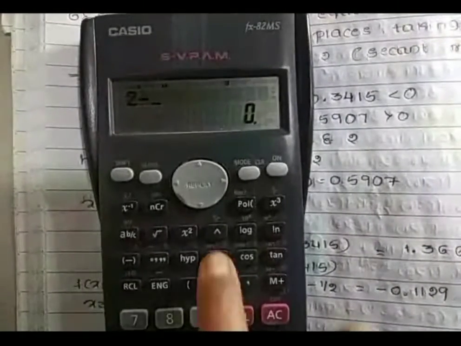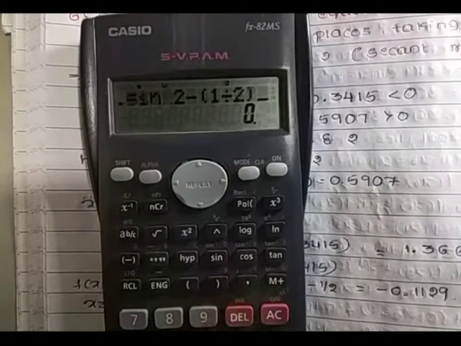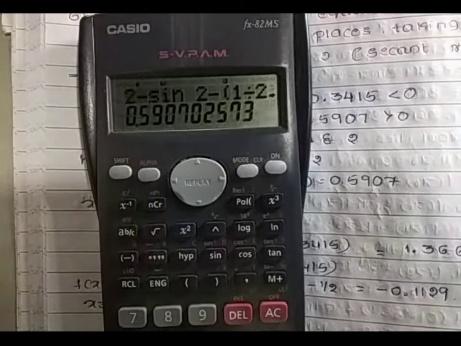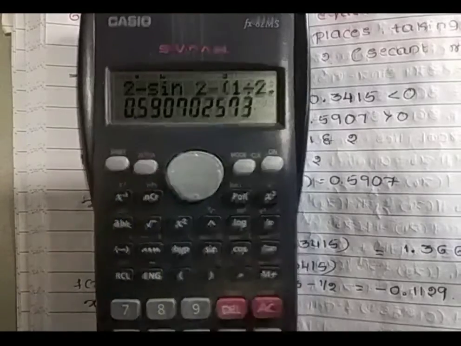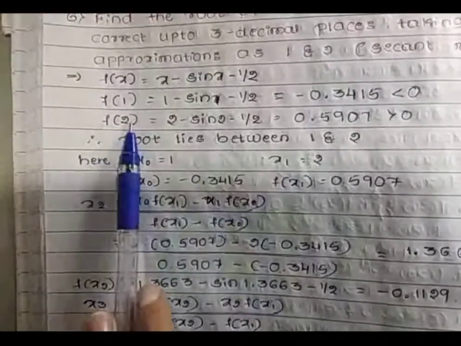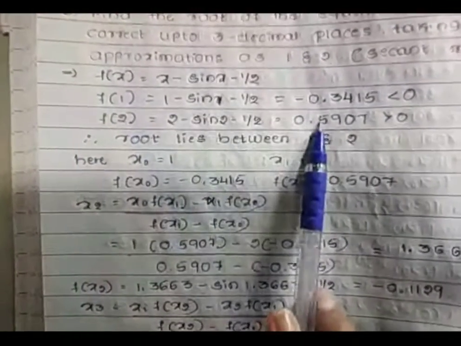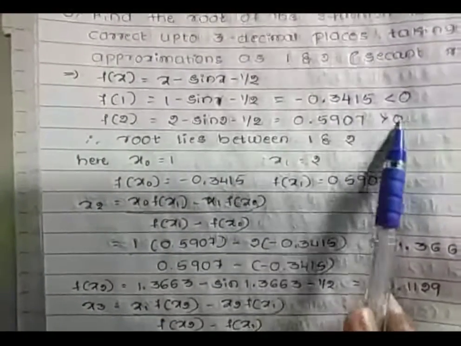Again using calculator, 2 minus sine 2 minus, in bracket, 1 divided by 2, complete the bracket. We can observe here it is 0.5907. f of 2 answer is 0.5907, which is a positive value, therefore greater than 0.